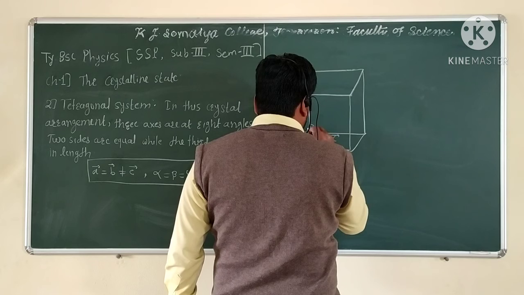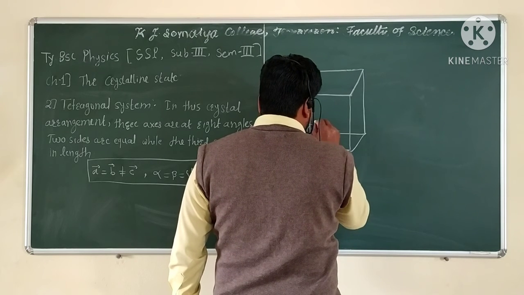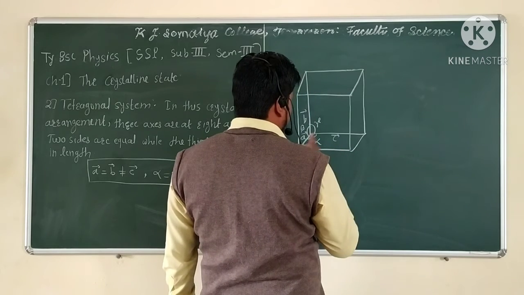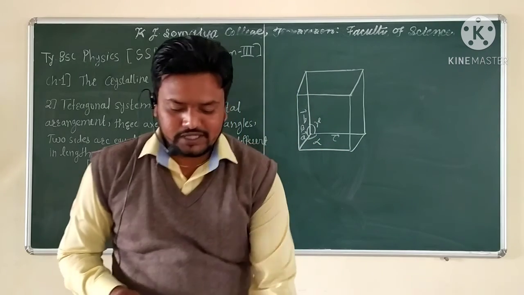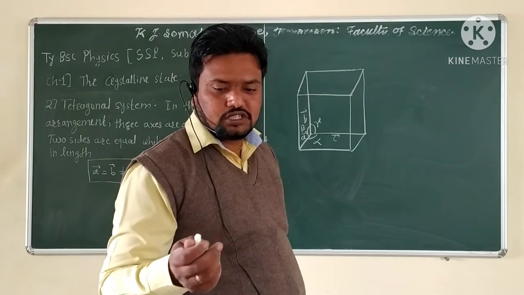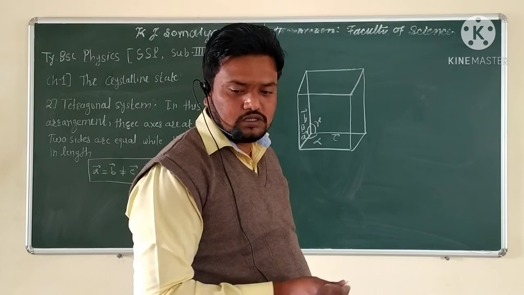So vectors a and b are the same in length, and the third vector is different, and the angles alpha, beta, gamma are the same, right angles, that is 90 degrees, and this structure is given as the simple tetragonal structure.